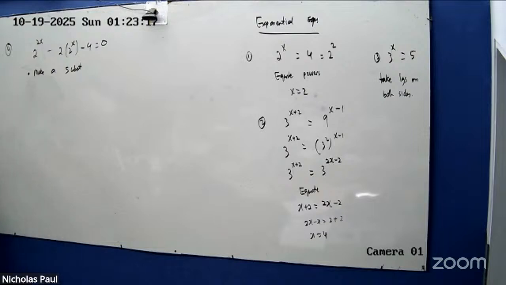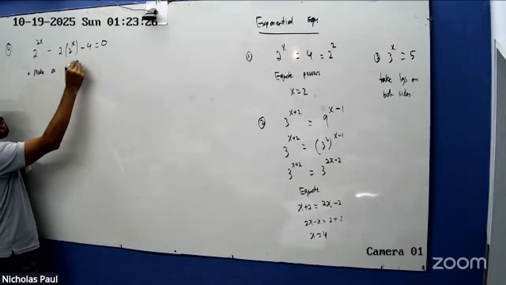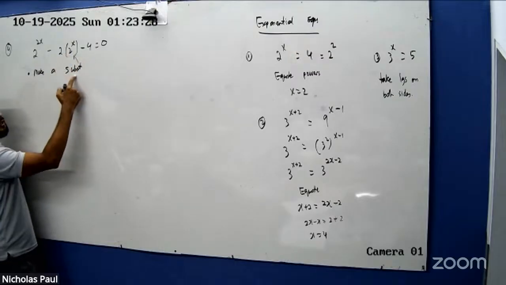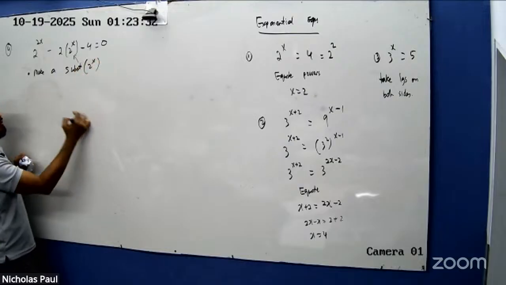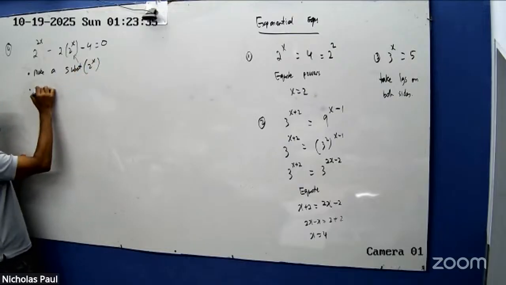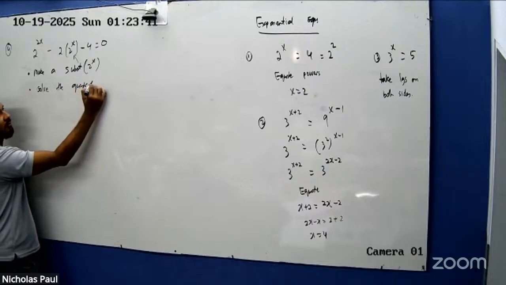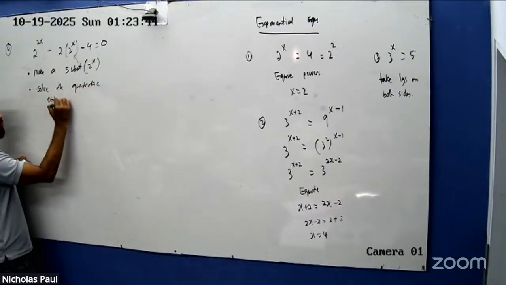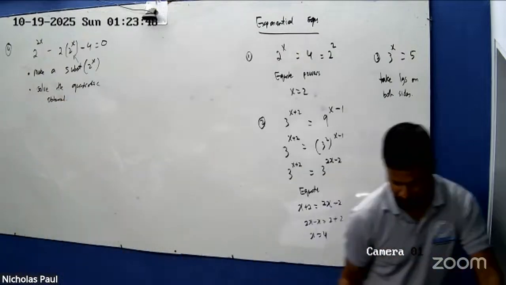How do you figure out the substitution to make? It always comes from the second term here. So the substitution that we generally make is this: substitute 2 to the x, and then solve the quadratic obtained. So we're going to practice those.